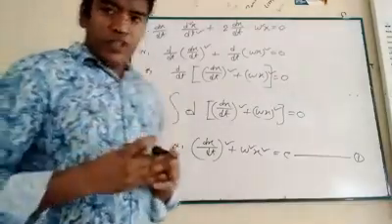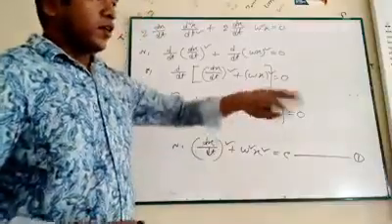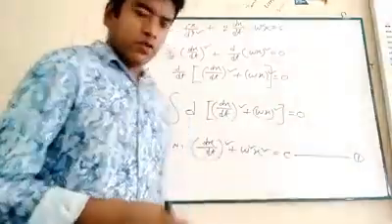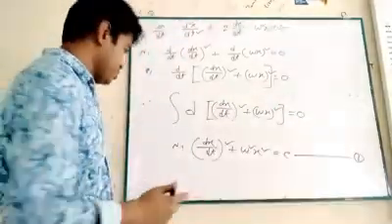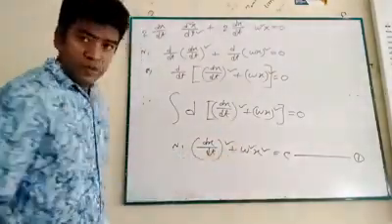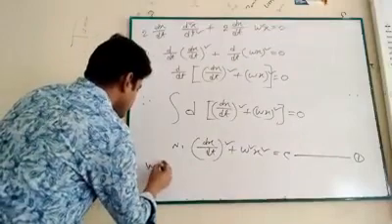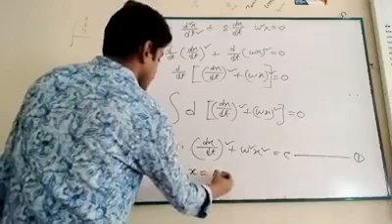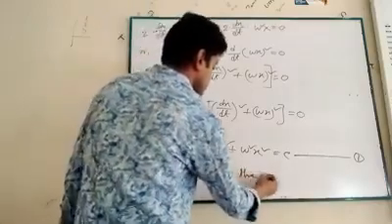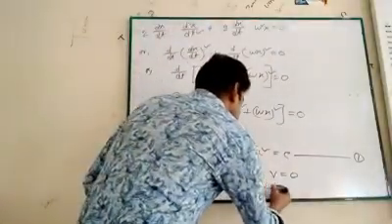We know when displacement will be equal to amplitude, then velocity will be 0. When x equal to a, then v equal to 0. That means velocity will be 0.